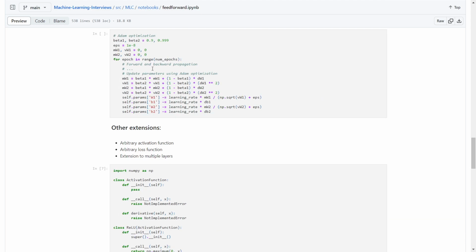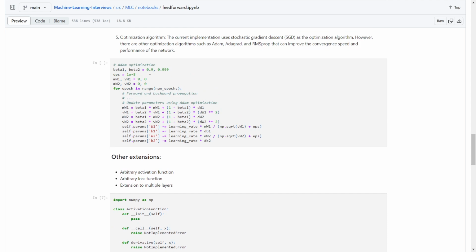However, here MW1 equals beta 1 times MW1 plus 1 minus beta 1 times DW1, and W1 equals W1 minus learning rate times MW1. There are a lot of parameters involved, but instead of just the learning rate, we are also taking into consideration beta 1 and beta 2 for multiplying each and every time.